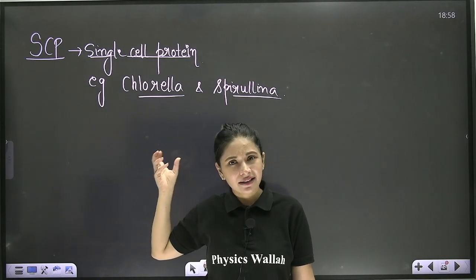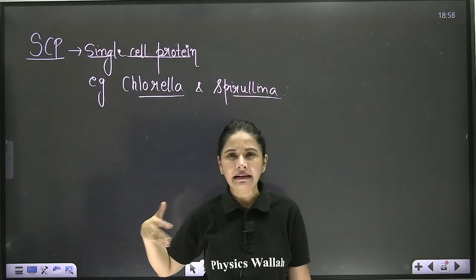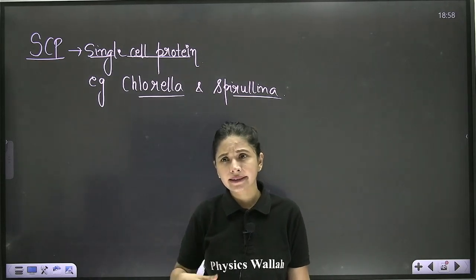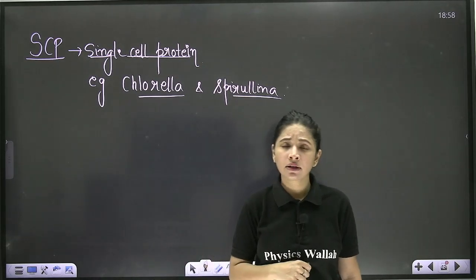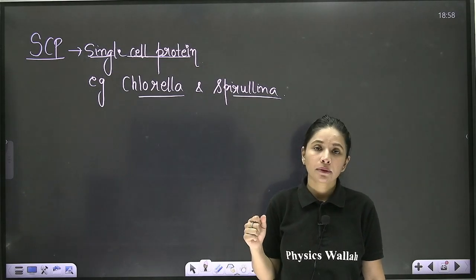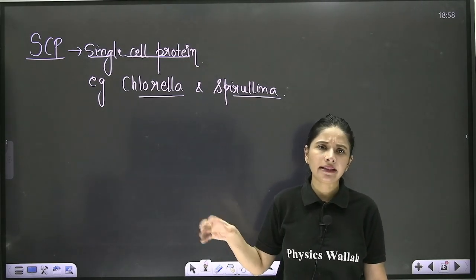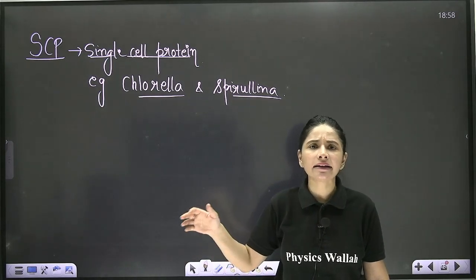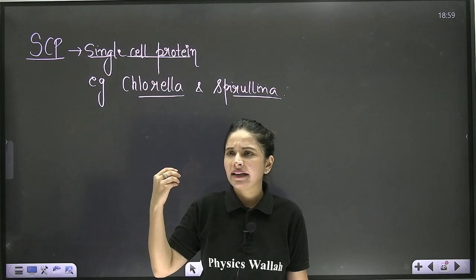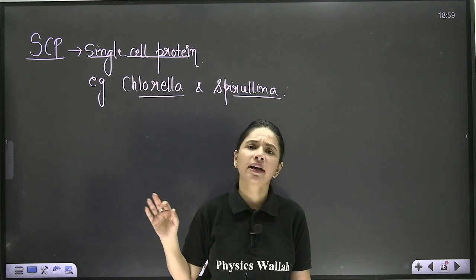Basically, these organisms like chlorella and spirulina and other Agaricus, your mushroom, and Fusarium and all, there are many other organisms which are very good source of proteins and fats, right? And they're very easy to grow, and they don't need land to grow. They can grow in any simple synthetic medium and in any dirty water also they can grow.